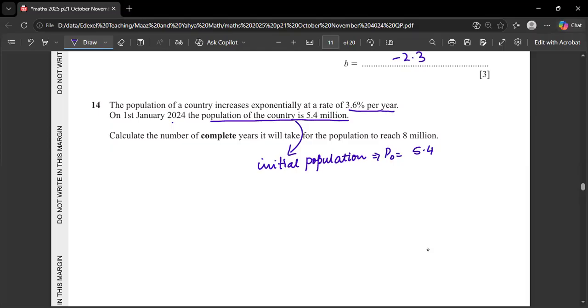And the final population, we call it P. Calculate the number of complete years to reach 8 million. The final population is going to be 8 million, right?